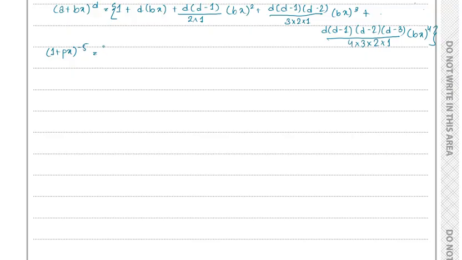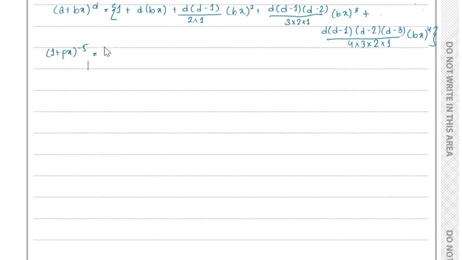For the expression that was given to us, (1 + px)^-5, a is 1, b is p, and d is minus 5.